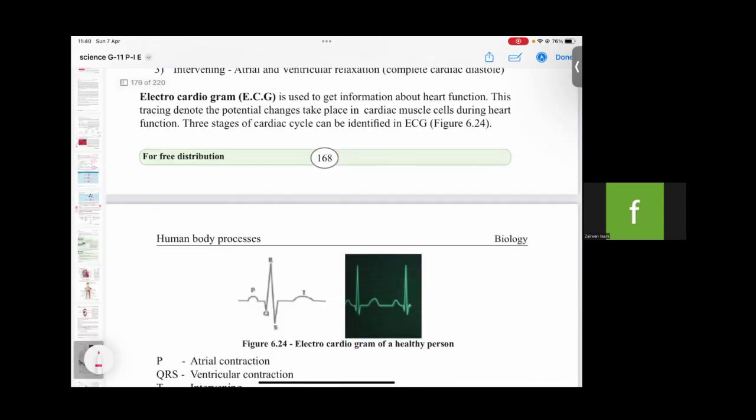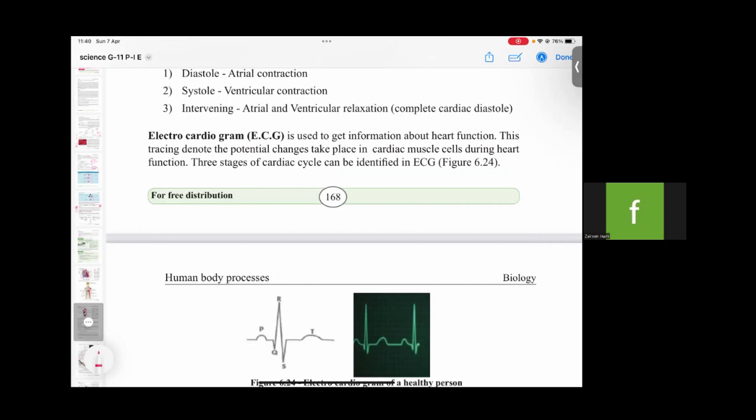Then you have something called ECG. You might have heard of this, right? Electrocardiogram. It gives us information about the heart function. If we know about the heart function, then we know if there are any problems in our cardiac muscles, and we can even identify heart failure, myocardial infarction and so on.